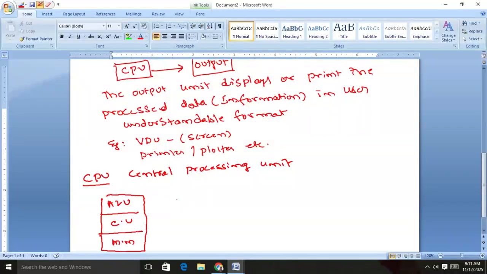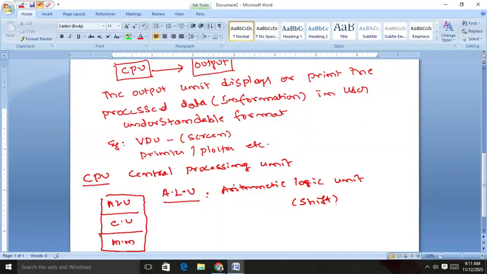The first part is known as the ALU, simply termed the arithmetic logic unit, but it also performs shift operations.